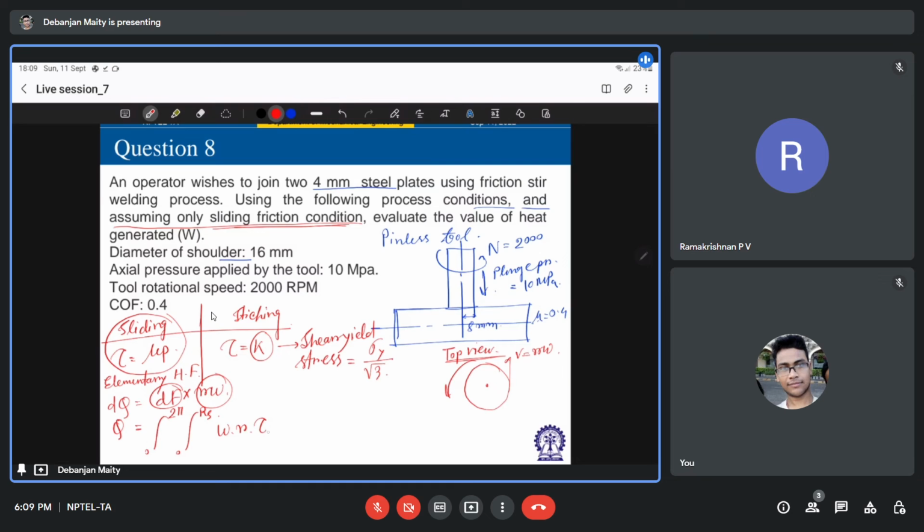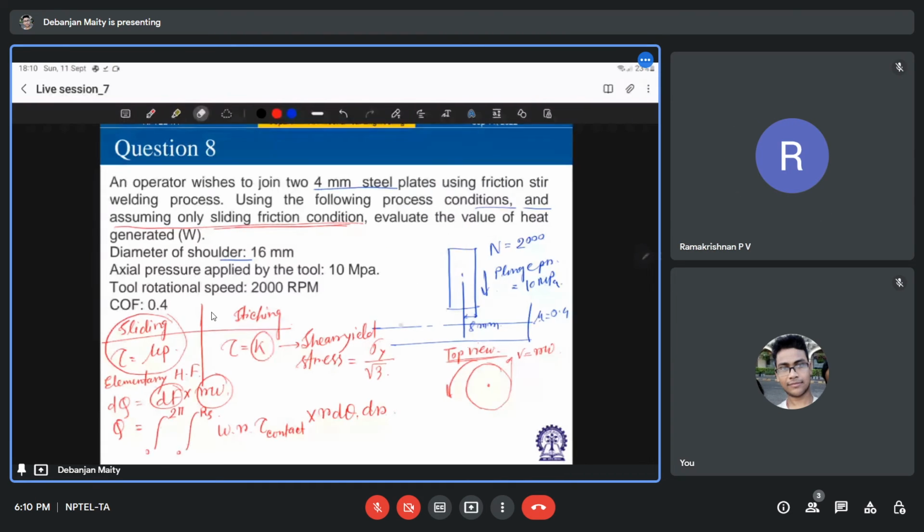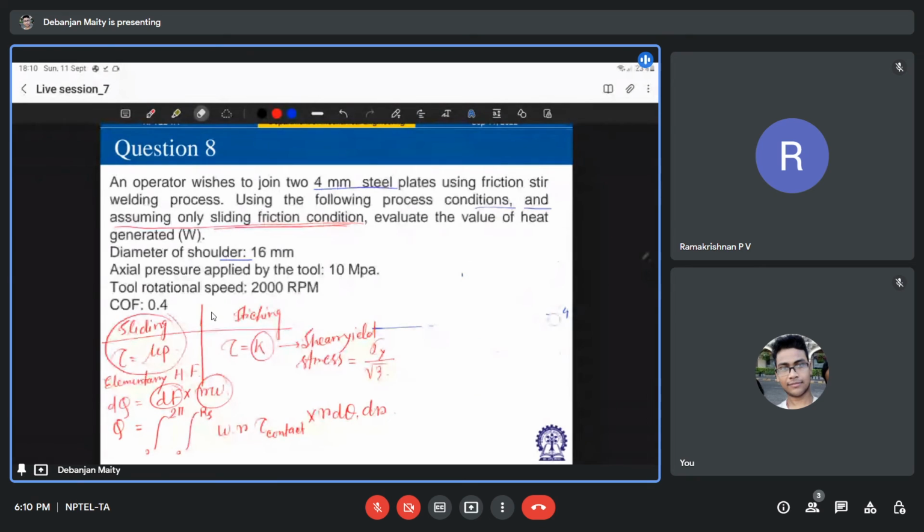So if your contact shear stress is given as tau contact, that into r d theta into dr. Understood? Yes, sir. I'm trying to derive the formulation of how it is coming.